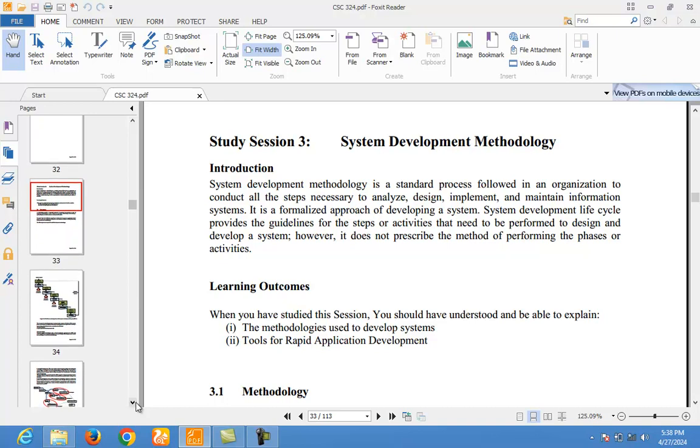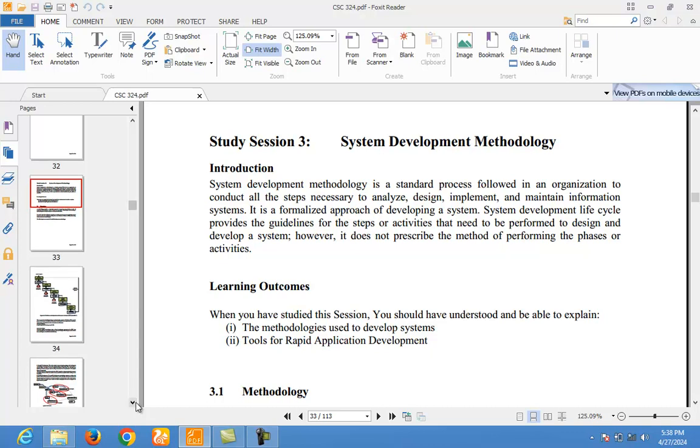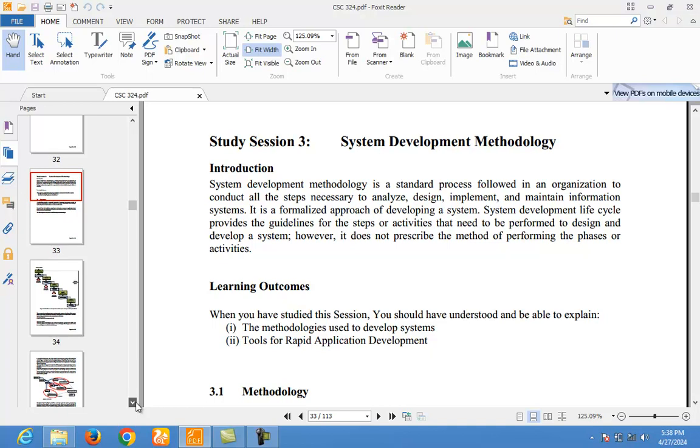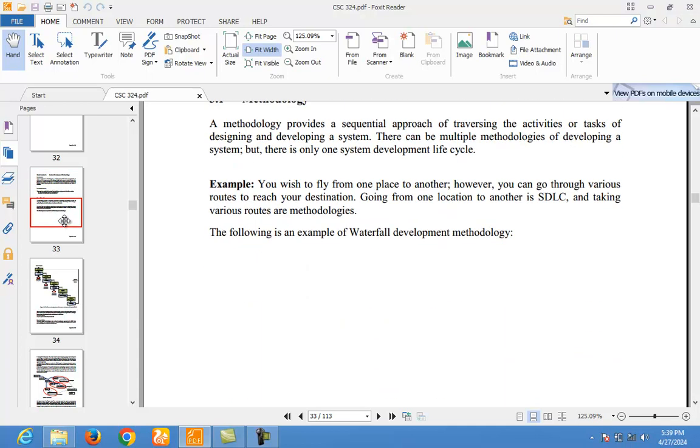Now, you would have heard of the system development life cycle, that provides the guidelines for the development of a system. So everything works hand in hand together. Now, there are examples of such methodology. One of them is the waterfall methodology, which we will be looking at.